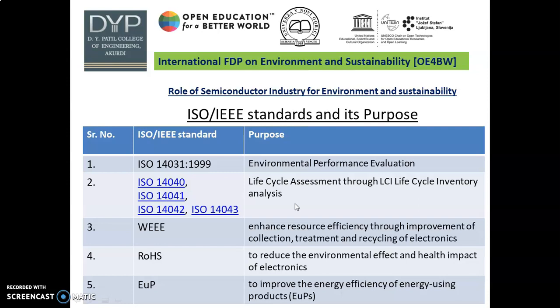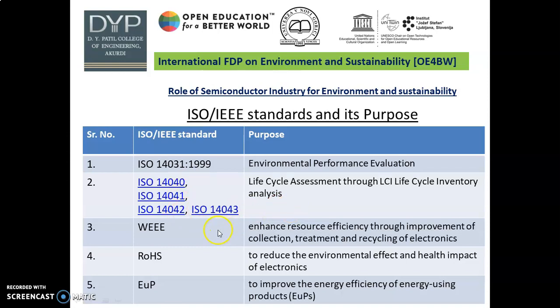This life cycle assessment is a systematic, phased approach and consists of 4 basic components: goal definition and scoping, life cycle inventory analysis, which is the LCI, impact assessment and its interpretation. The impact assessment and interpretation of this LCI will vary from 040, 041, 042 to 043.